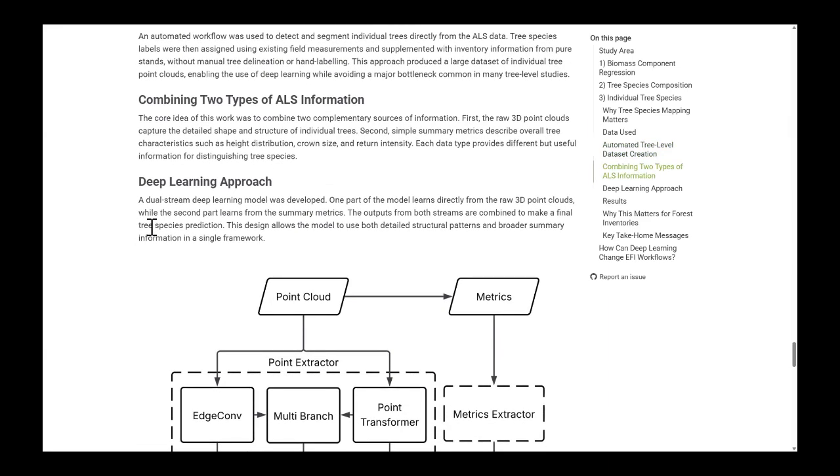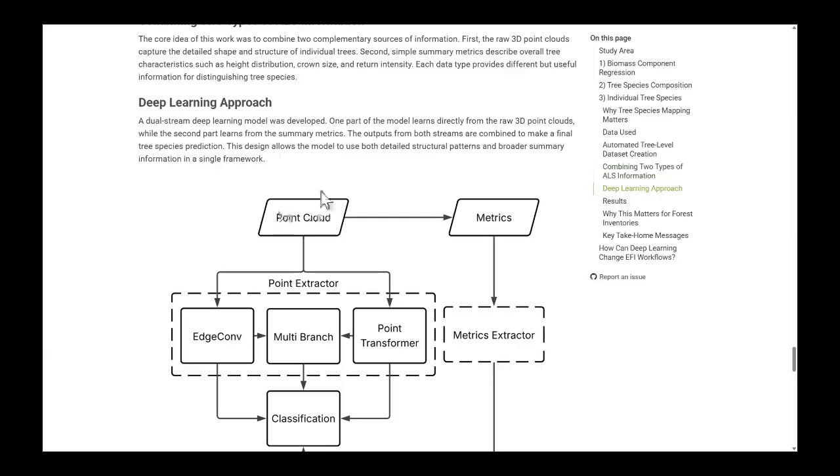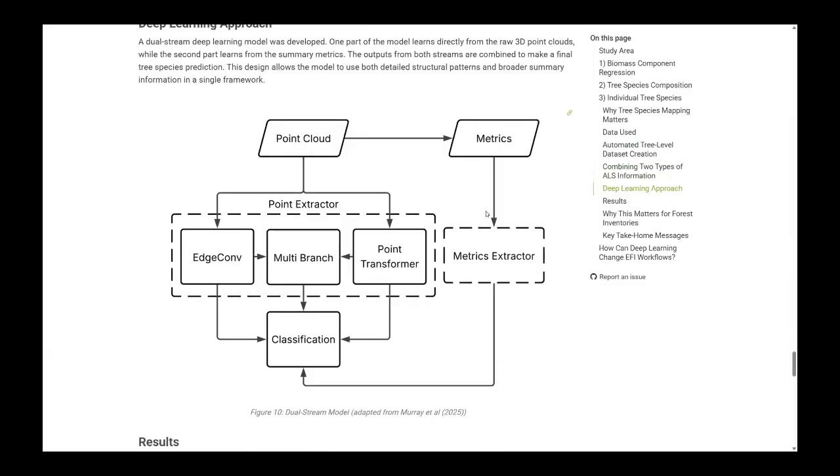In addition, we had two types of ALS information that we used within this model. We used the raw point cloud, but we also derived the statistical metrics that we often use within forest inventories already.